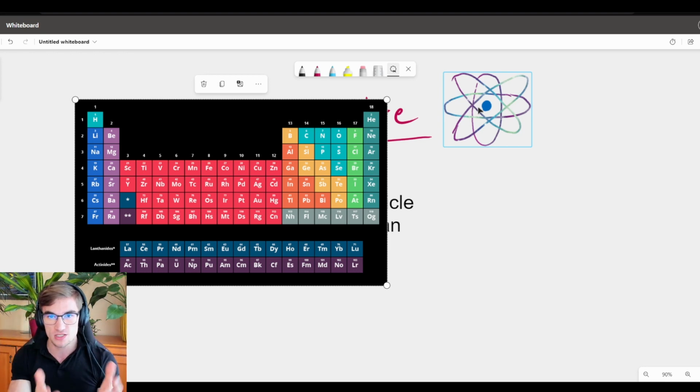All elements are atoms, just like all Lego blocks are building blocks. So I might have iron, oxygen, hydrogen, copper, and these are all just different kinds of blocks, but they're all blocks. So all of the elements are atoms, and elements are just different atoms.